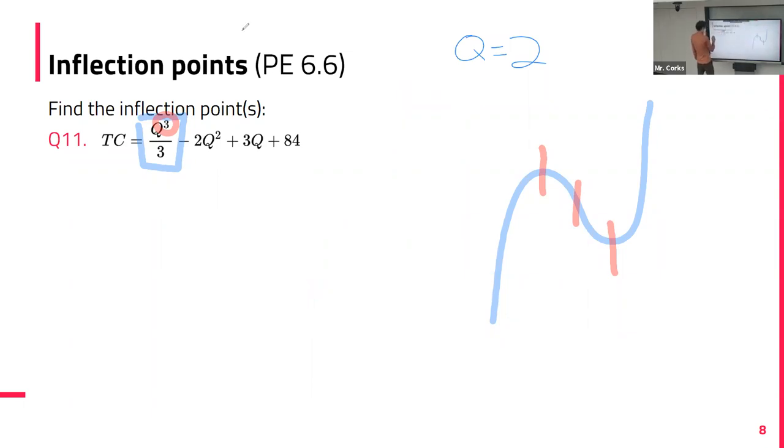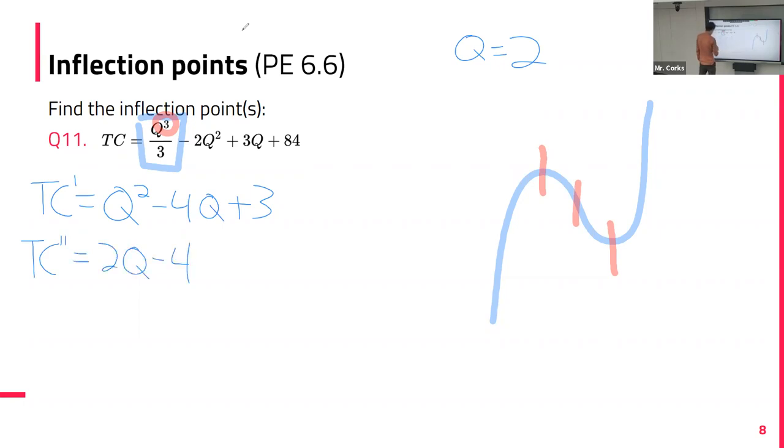So our first derivative, TC prime, is Q squared minus 4Q plus 3. And our second derivative, TC double prime, is 2Q minus 4. We set that thing equal to 0. So when our second derivative is exactly 0, 0 equals 2Q minus 4.